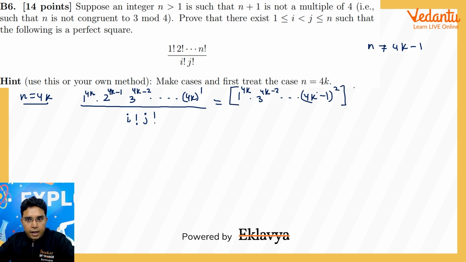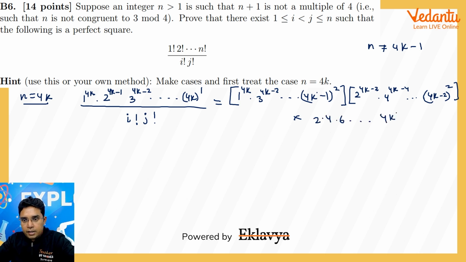And then if I write 2 power also like 4k minus 2, and 4 power will be actually 4k minus 3, but I will write that 4k minus 4 and so on. And then 4k minus 2 would have power, I think 3, so I will write 2 power here. So I have actually taken 1 power of each. So 2 into 4 into 6 and so on, 4k. I think this will be going extra.